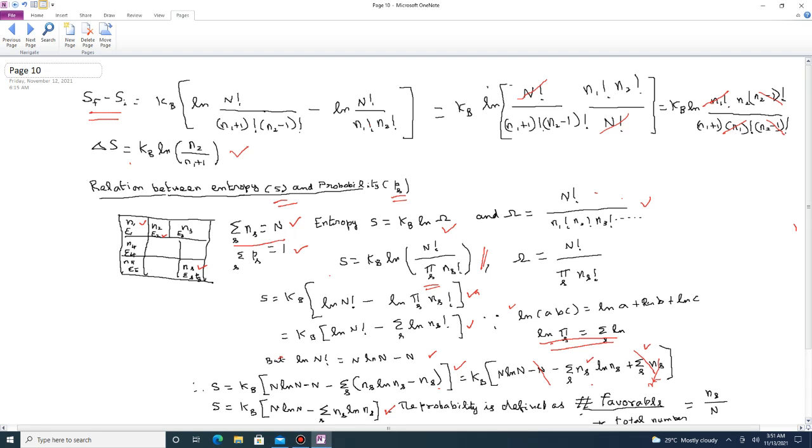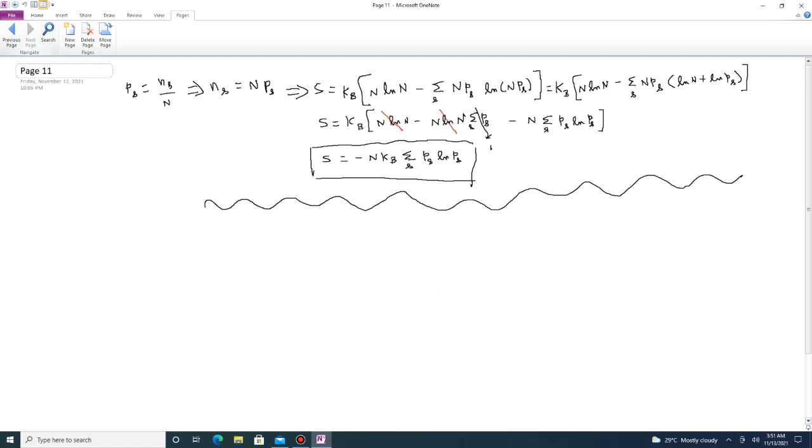So actually your P_s is n_s divided by capital N. Therefore, n_s is equal to capital N times P_s.